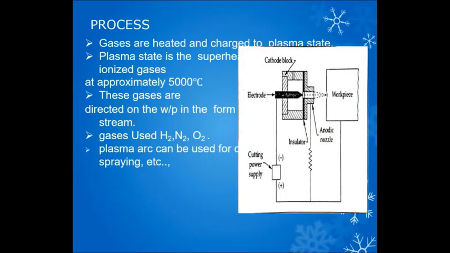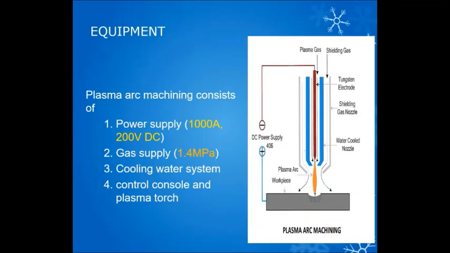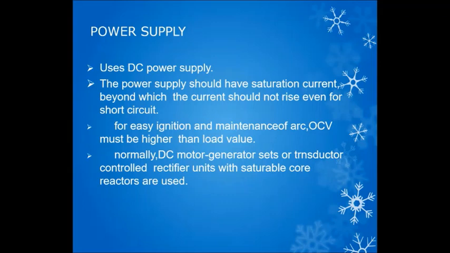Plasma machining consists of a power supply, gas supply, cooling water system, and control. The power supply uses a DC power supply. For the gas supply, any gas can be used that does not attack the tungsten electrode or the workpiece.